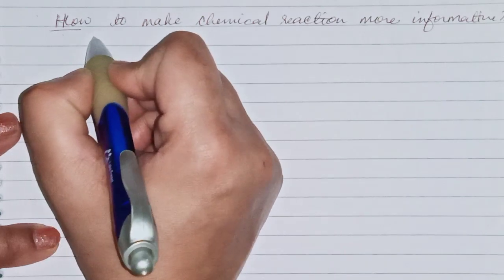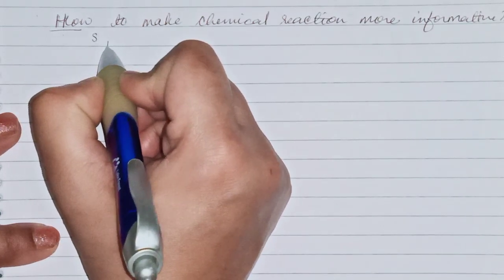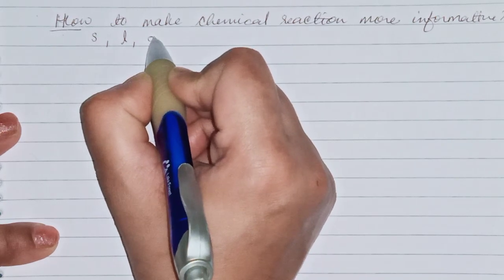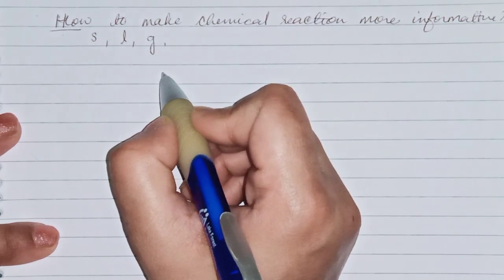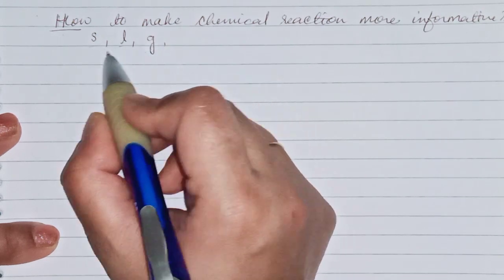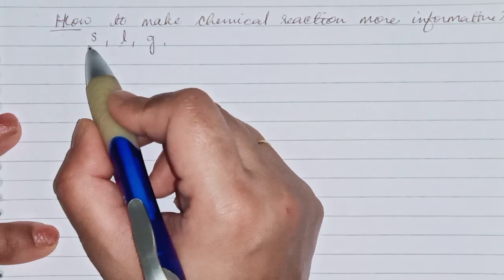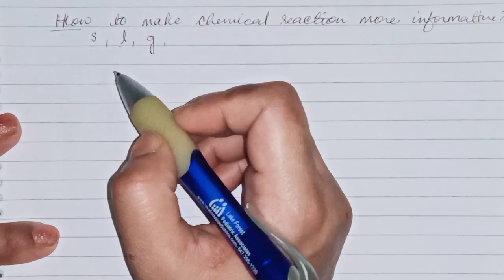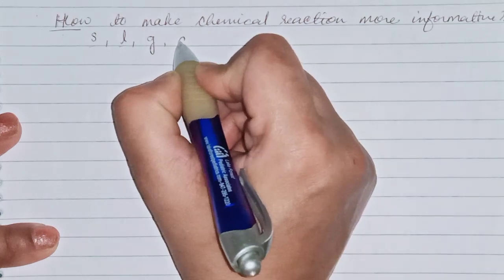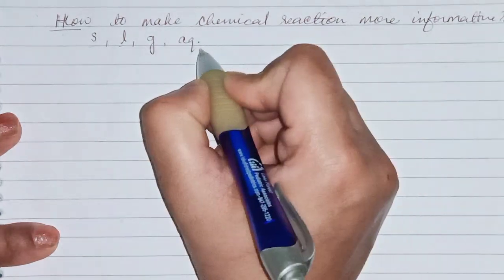You all know that small s represents solid state, small l represents liquid state, small g represents gaseous state. So if you put these symbols or letters, it will give you the state of the reactant or product. Okay, aq is used for aqueous solution.